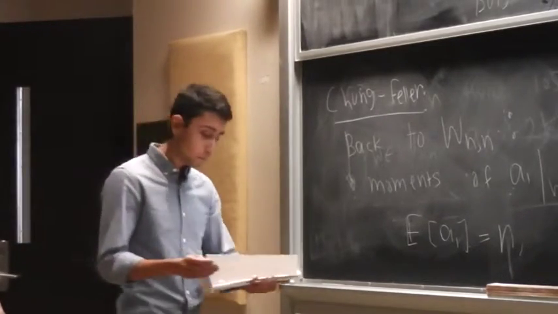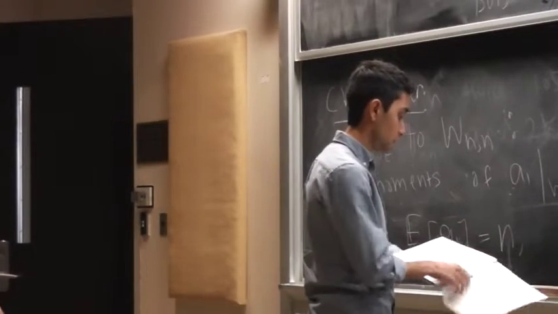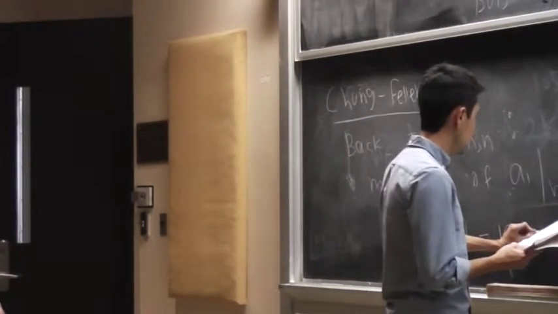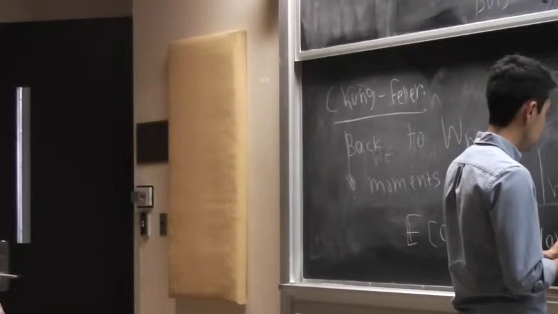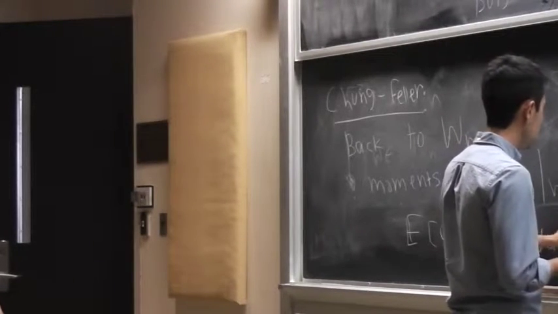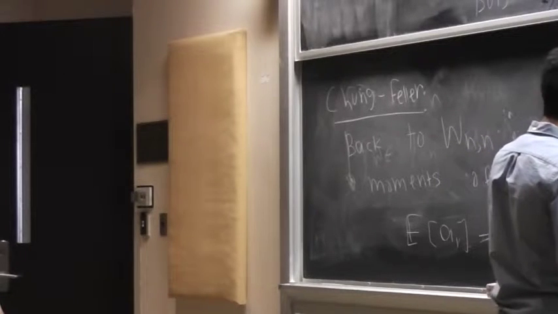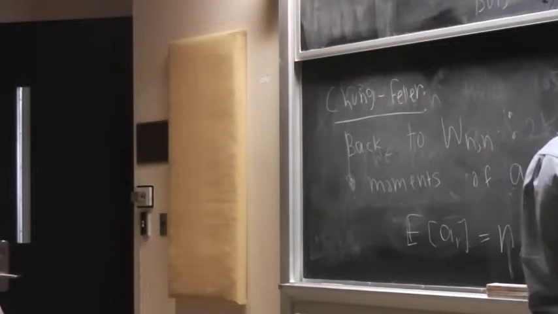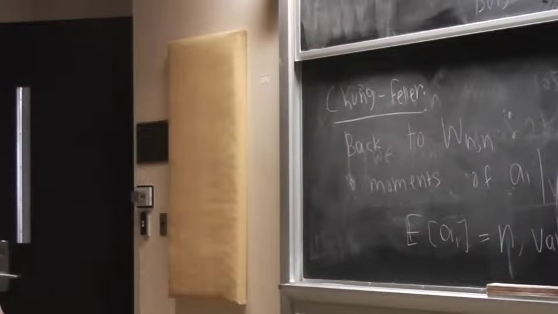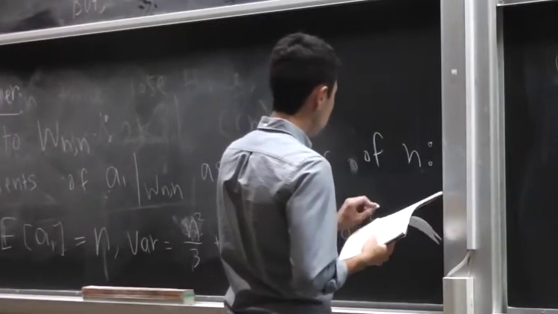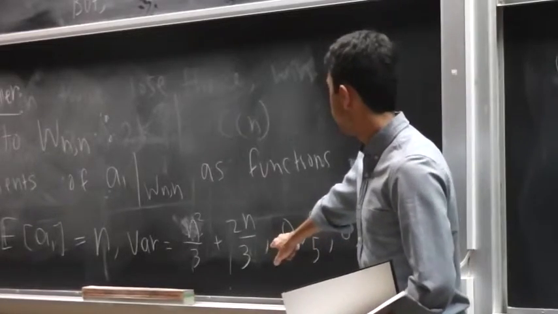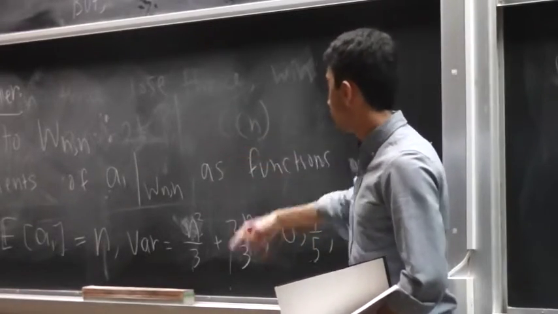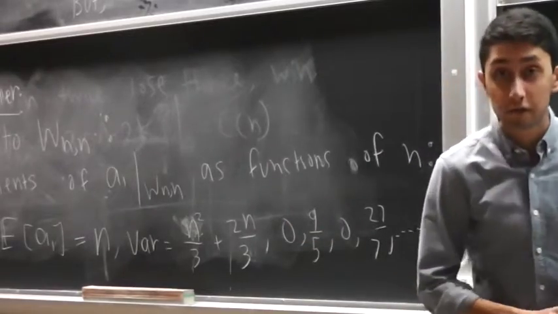It turns out you can compute the other moments. The variance equals n squared over 3 plus 2n over 3. And if you compute the standardized centered moments, you get 0, 9 over 5, 0, 27 over 7, and so on. Like I said, the sequence of moments is like a fingerprint for your random variable.